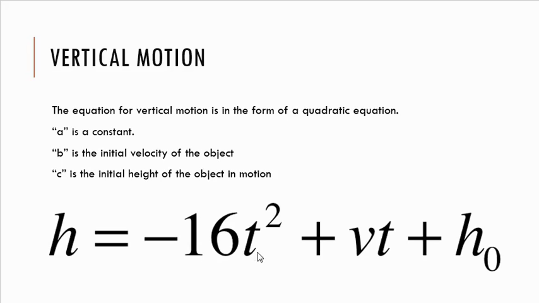So a function of time, in terms of time, and the function is going to equal h. What is h? H is the height of our object or anything in that vertical motion. So at a certain time, t, we can tell what the height of the object is.